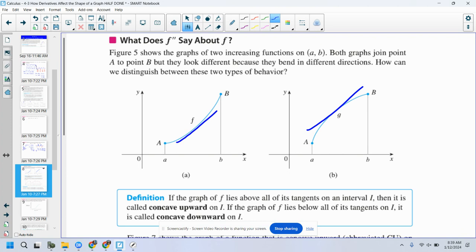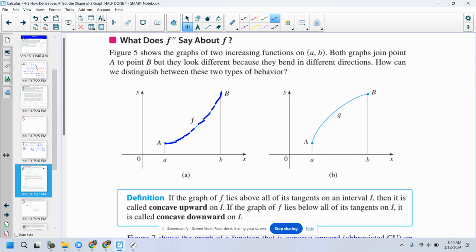Now, what's different is how they bend, how the slope changes at any given moment. I know this one will start out small, but then as I go from a to b, it goes from shallow to steep.